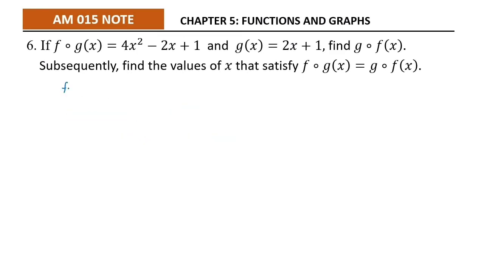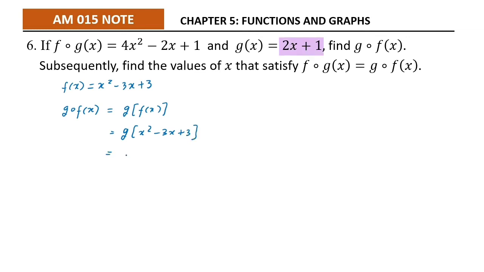So we have fx equals x squared minus 3x plus 3. Then find g of fx. g of fx: fx is x squared minus 3x plus 3. g is 2 times x, now x squared minus 3x plus 3, plus 1.